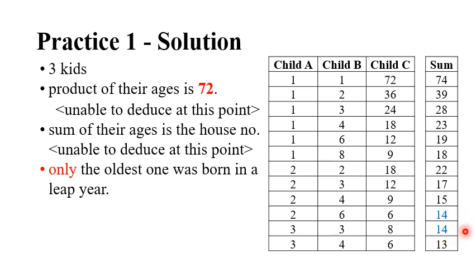That means the house number must be 14. With this piece of information, we are unable to determine the ages, and more information is needed. Therefore, the last piece of information helps us to determine the ages of the 3 children are 3, 3, and 8 years old. Did you get the correct answers?